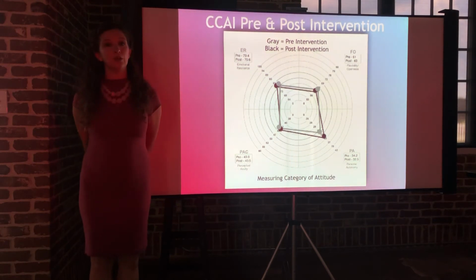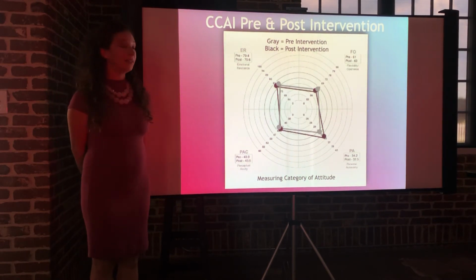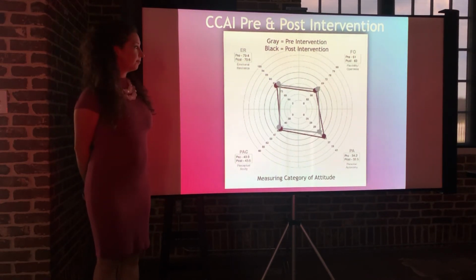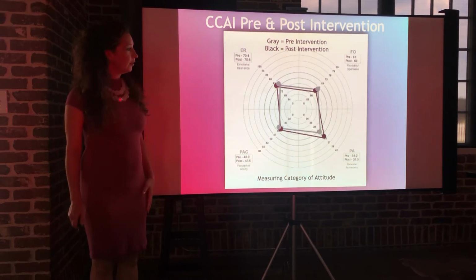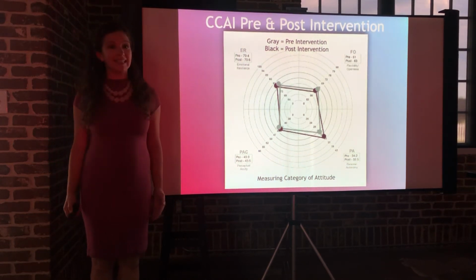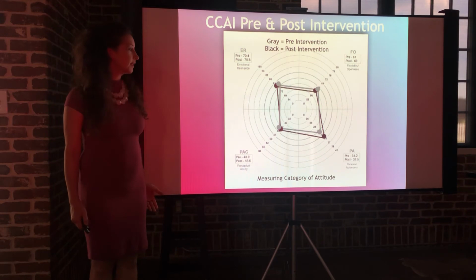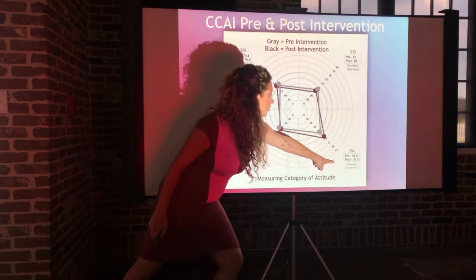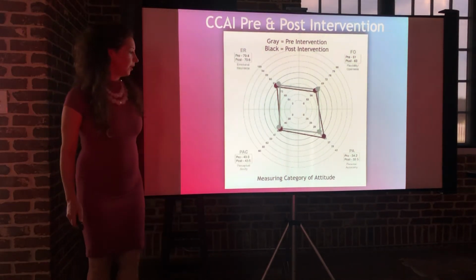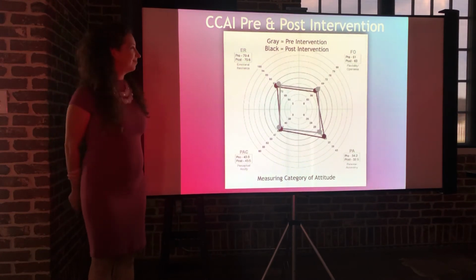Let's take a look at the scores from the CCAI. In gray, we see the pre-intervention, and in black, we see the post-intervention. The only category that saw a significant difference in scores was personal autonomy. We're going to talk about why in just a little while.